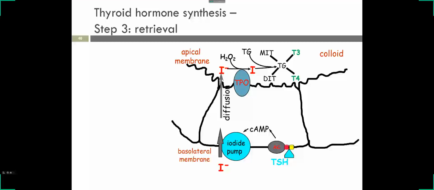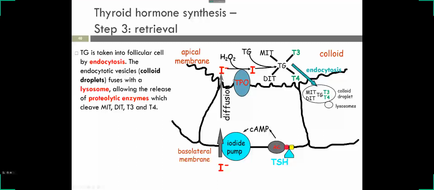And in this process, we have binding of TSH, production of cyclic AMP, retrieval of iodide, diffusion, conversion of iodide to iodine by TPO, addition of iodine to the tyrosyl groups, production then of MIT and DIT on the TG, endocytosis of this large molecule, and cleavage in the lysosomes of T3 and T4, which are then secreted into the plasma.